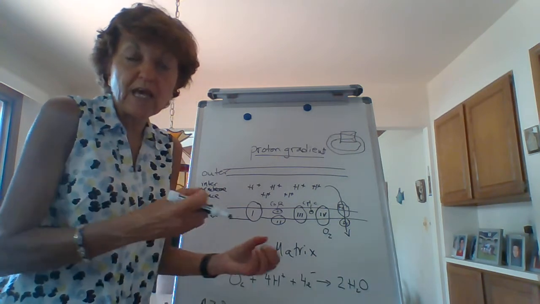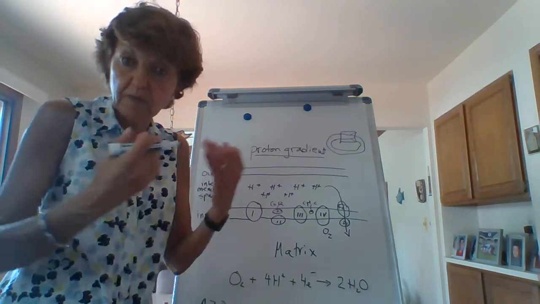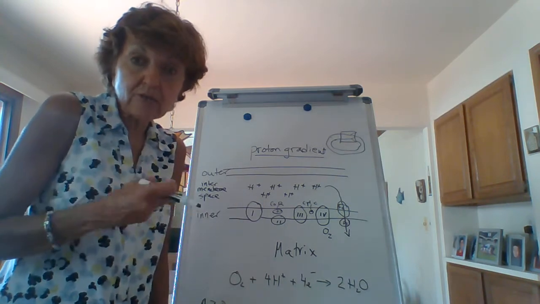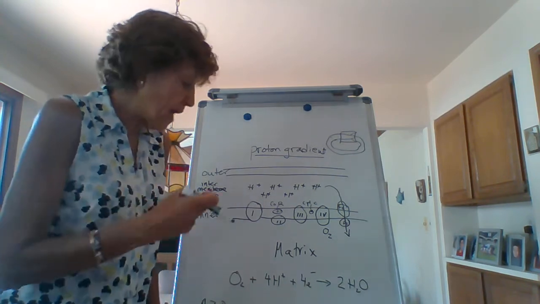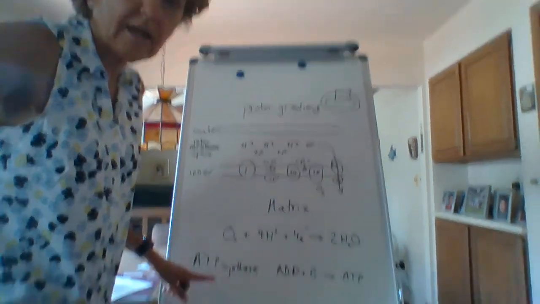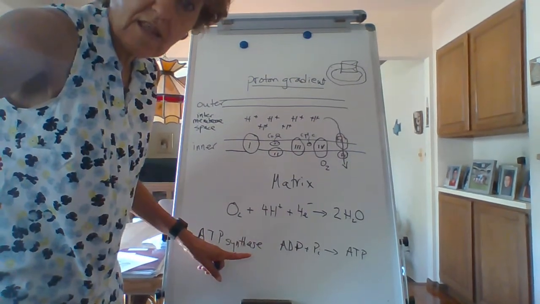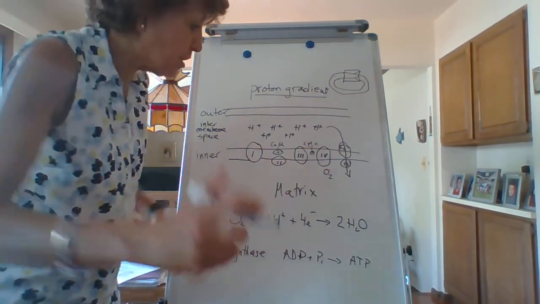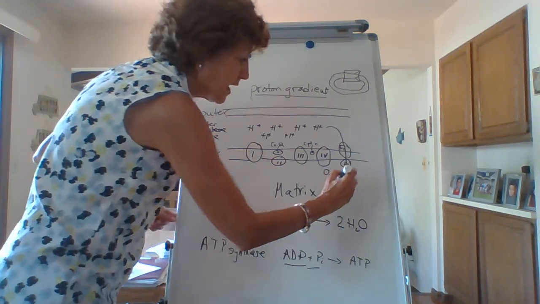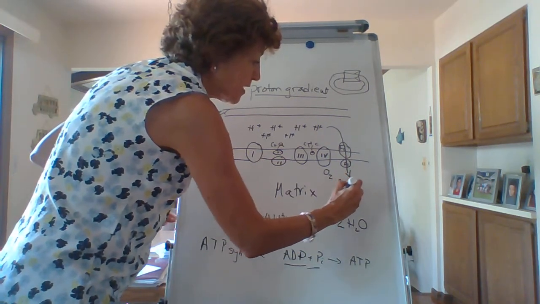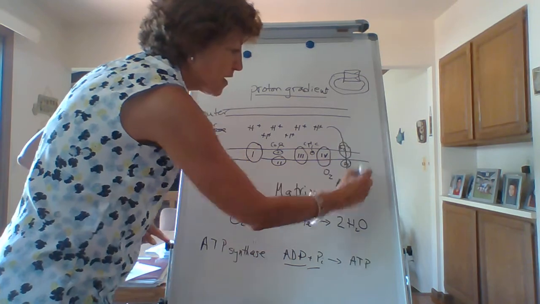You know how energy can't be created or destroyed, but it can be transferred? Well, all that energy is then transferred, and with the help of the enzyme ATP synthase, it's enough energy to get, see, an ADP and an inorganic phosphate are sitting right here.